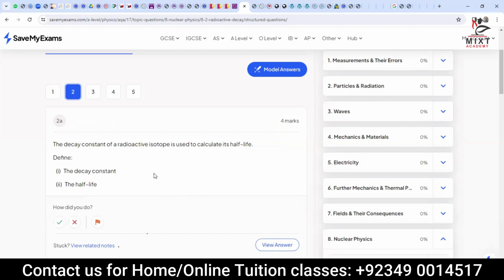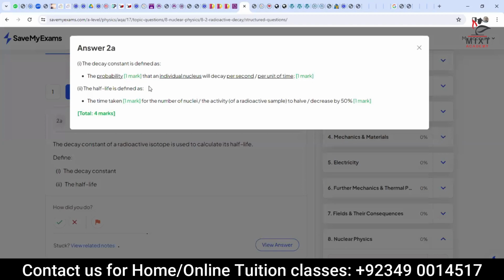Is that the one? Yeah, it is the one. See, the probability that an individual nucleus will decay per second, divided by per unit of time. So they are giving you the probability of this, and the second one is time.